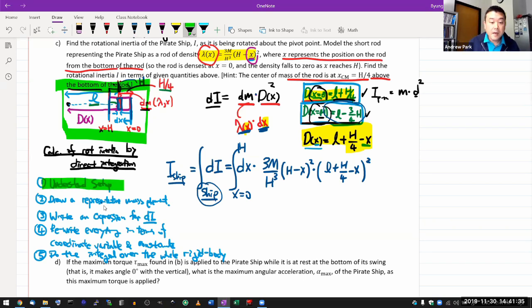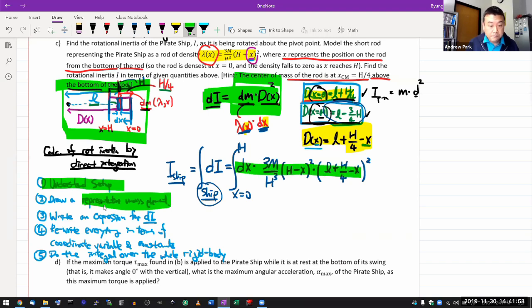Are you able to isolate a representative mass element which you can use to write out this infinitesimal rotational inertia? And can you go to the step of rewriting this portion here in terms of the coordinate variable in preparation for doing the integral? That's what I'll be looking for.